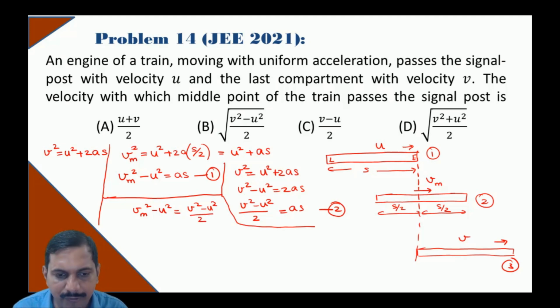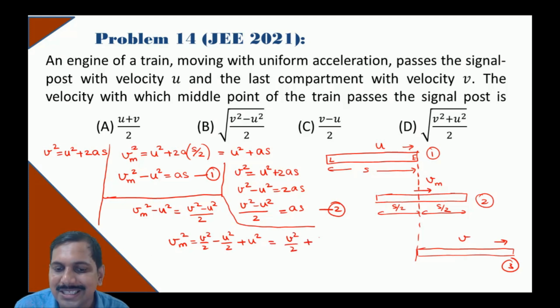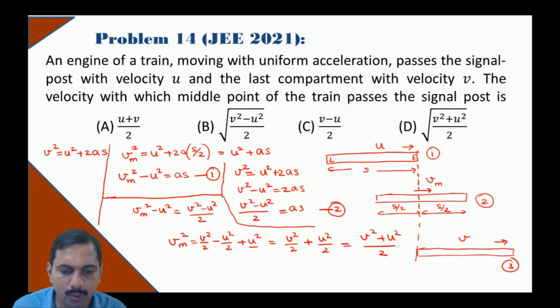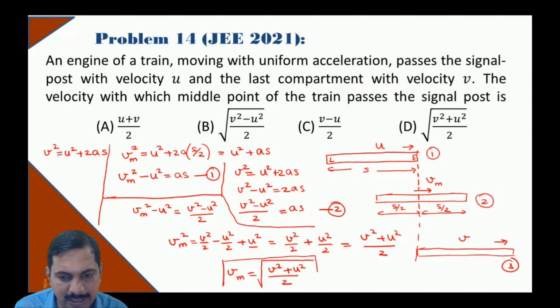Or we can write Vm square is equal to v square by 2 minus u square by 2 plus u square, and this would be nothing but v square by 2 plus u square by 2. Why? Because 1 minus half is plus half. This can be written as v square plus u square divided by 2, or I can write Vm is equal to square root of v square plus u square divided by 2, and this would be the answer.